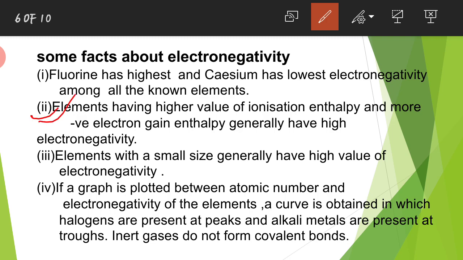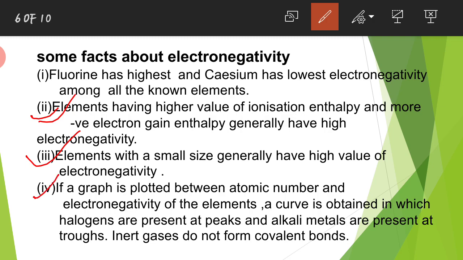Second, elements having higher value of ionization enthalpy and more negative electron gain enthalpy generally have high electronegativity. Third, elements with a small size generally have high value of electronegativity.